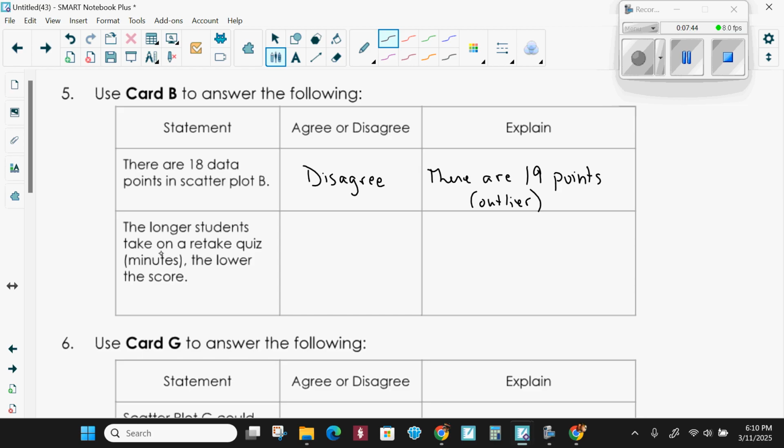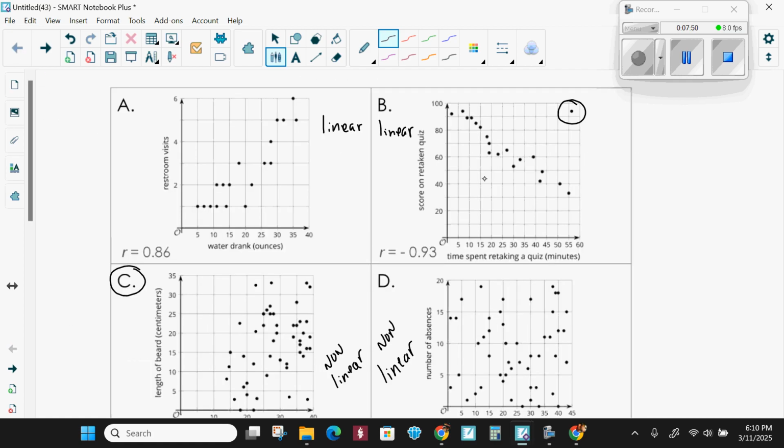Okay, it says the longer students take on a retake quiz, the lower the score. So if we go back to B and look at the correlation, the association here, the more time they spend on the retake quiz, the lower the scores are in general.